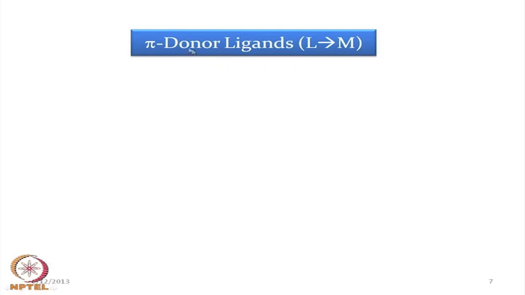But before discussing in detail the molecular orbital picture for those interactions, we can now look at the pi donor ligands from the ligand side.